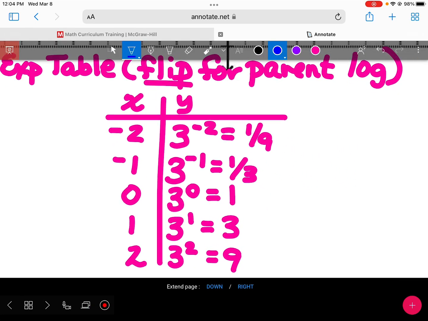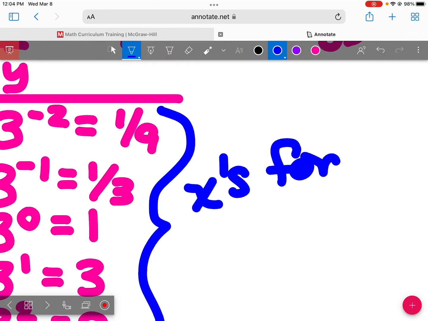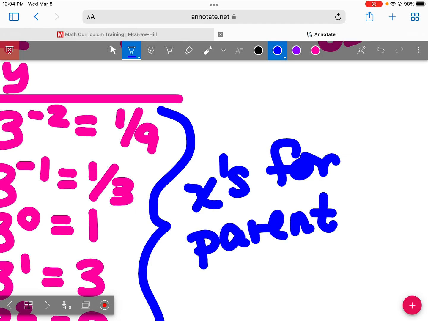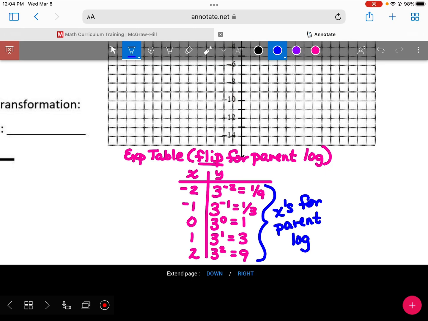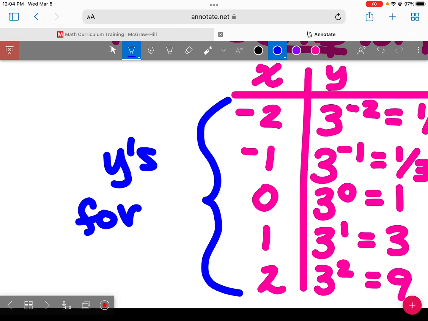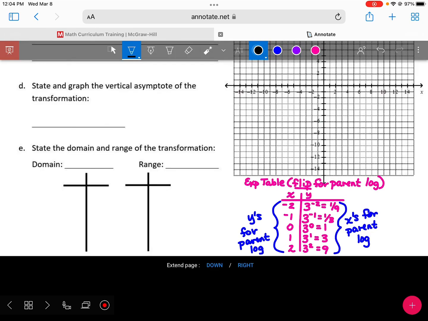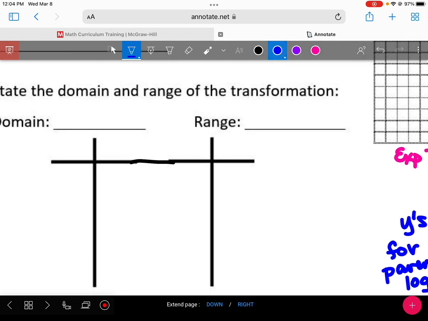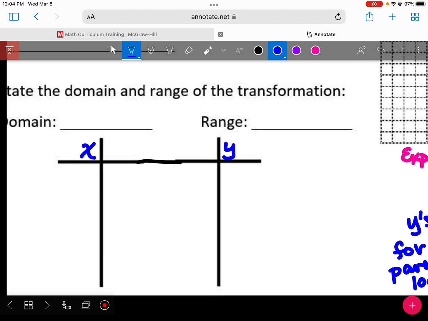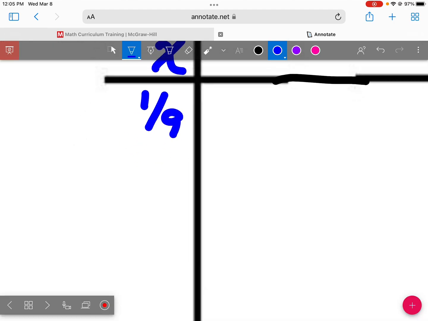We're going to flip this for the parent log. So these are my x's for the parent log. Yeah, we're not going to graph this. We're going to flip it. This over here, these are the y's for the parent log. So I'm going to come over here to this table. X on this side, Y on this side. My x's are 1/9, 1/3, 1, 3, and 9.